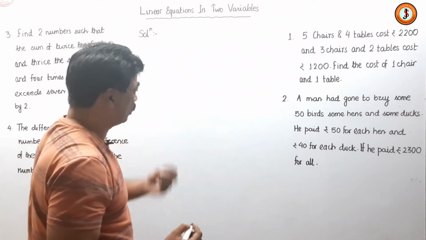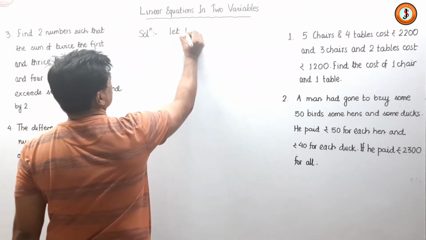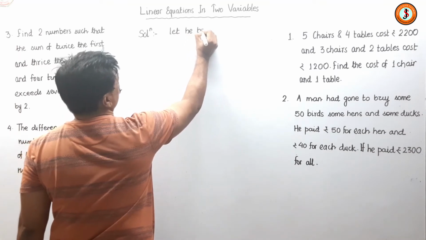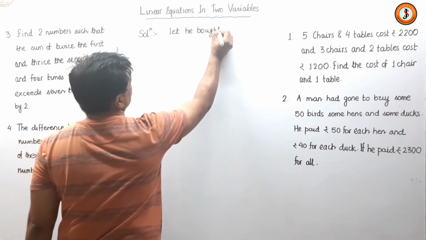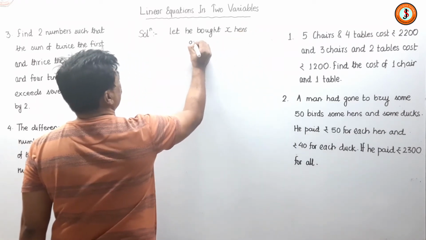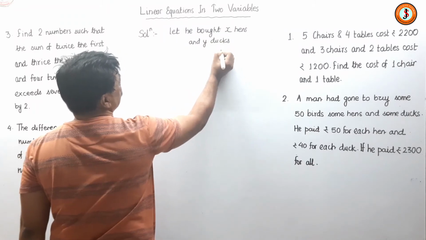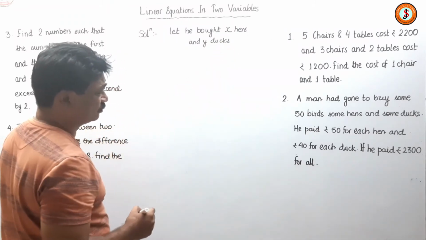So let he bought x hens and y ducks. Now cost of one hen is how much? Cost of one hen is 50.